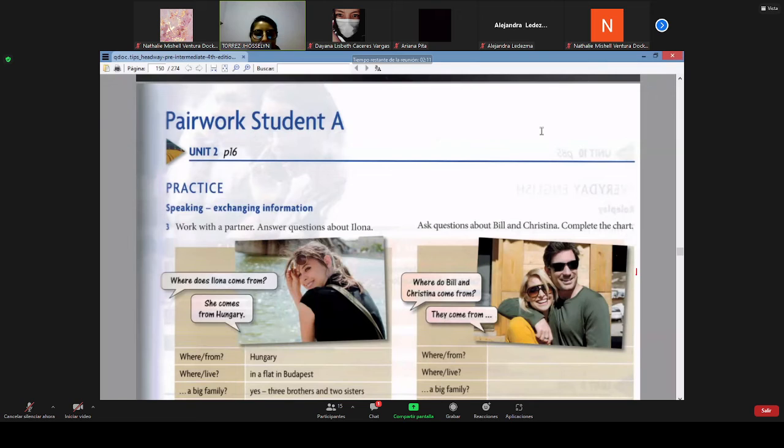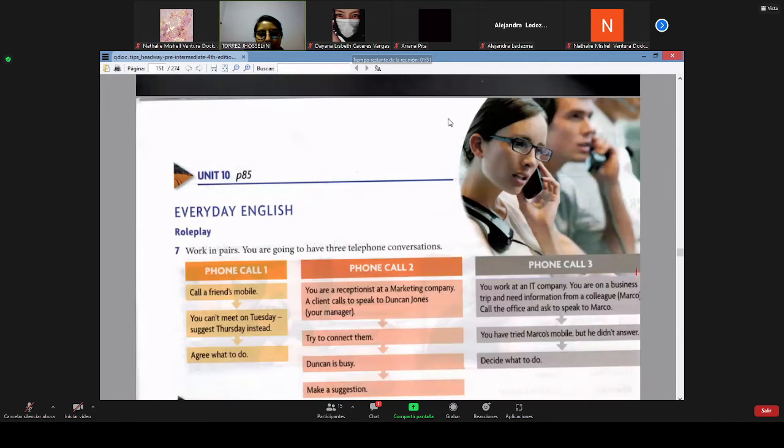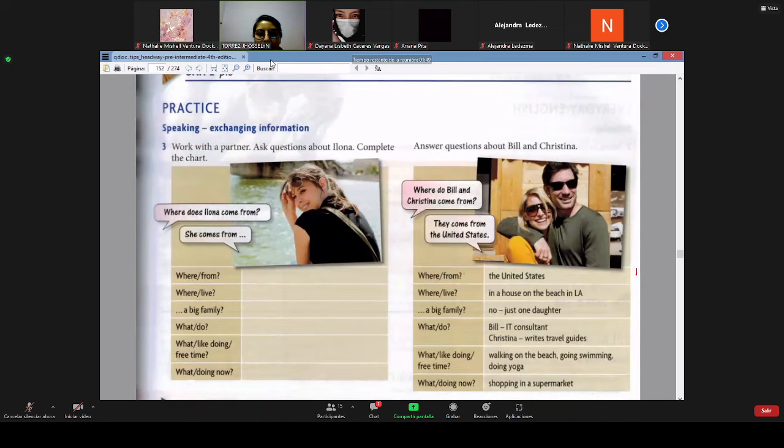Another question, the same question but different with the auxiliary. Does she have a big family? Okay, does she have a big family? Please, group A, answer. Come on, group A. Answers. Remember, students, you have to write group B, your answers here, right? In this chart. Come on, group A, answer. You have to read.